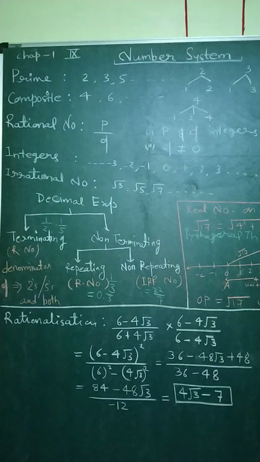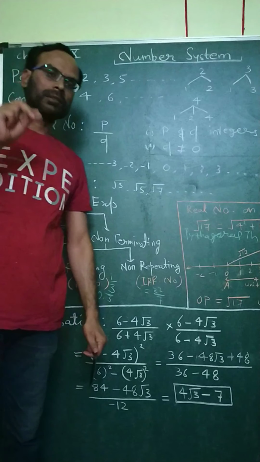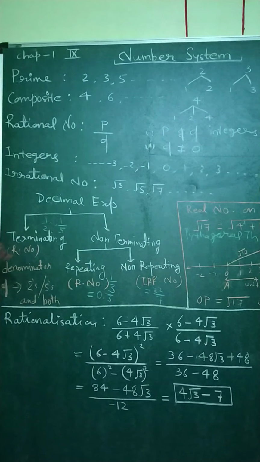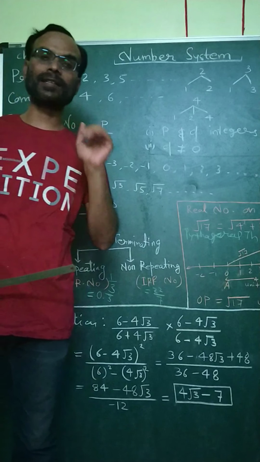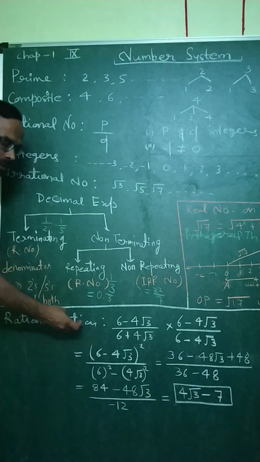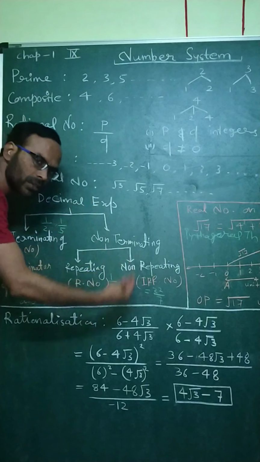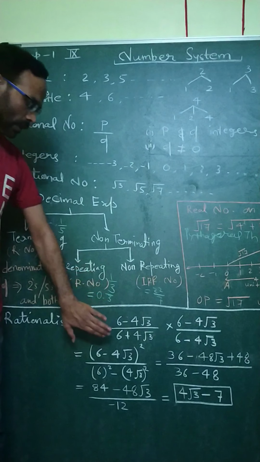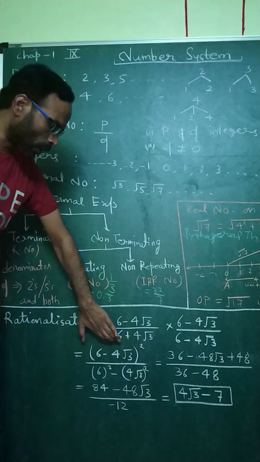Next, a very important topic given in this particular exercise or chapter is rationalization. First of all you have to understand what the word rationalization means. Rationalization means you have to convert that irrational number into a rational number. What does it mean? Here we are talking about the denominator.